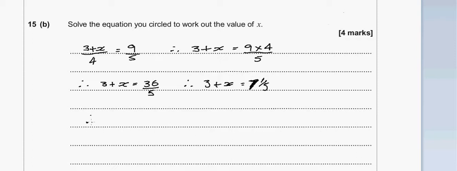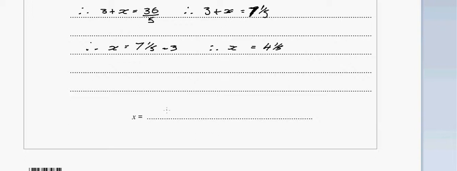So I can say that x equals 7 and 1/5 minus 3. So x must equal 4 and 1/5. Okay, so x equals 4 and 1/5.